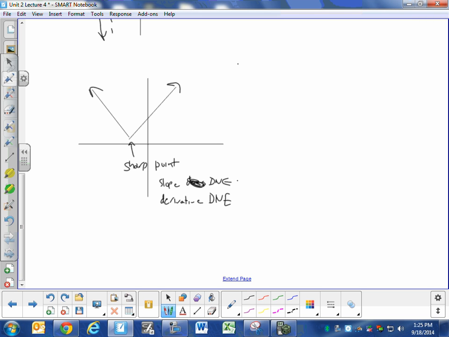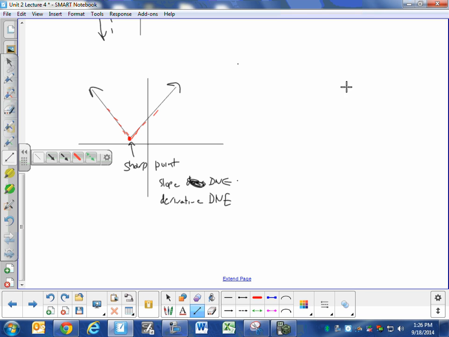Why is that? Because the derivatives or the slopes of the tangents to the left are all negative up until this point, and the slopes from the right are all positive up until this point. So we can't take the derivative, or we can't say that this has a slope.